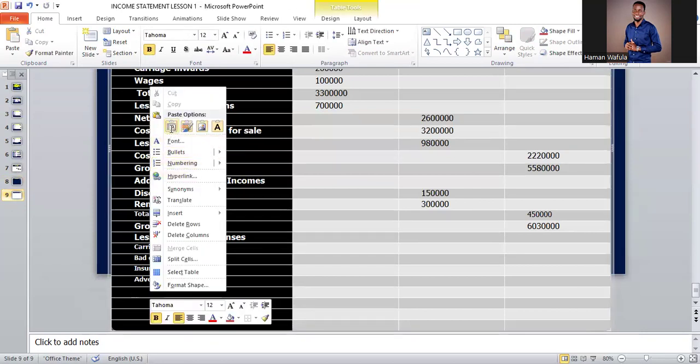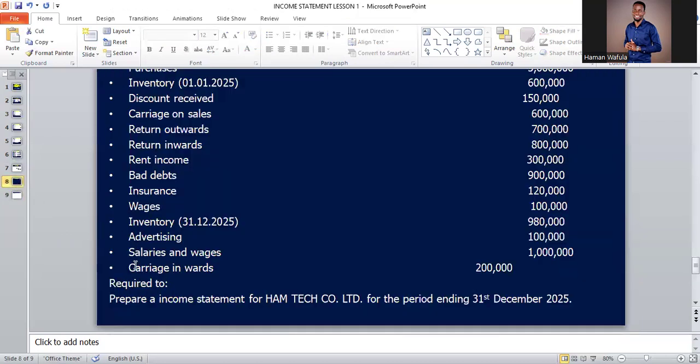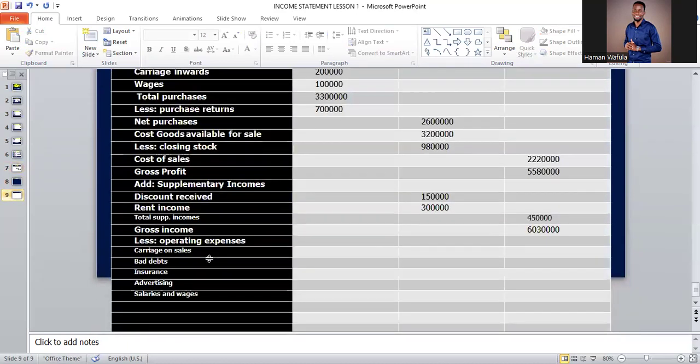When they say wages alone, that's when it qualifies to be a direct expense. But when they say salaries and wages, it is an operating expense or an indirect expense, or they call overheads. Or also, if we say salaries, it also qualifies to be an overhead. Then I think that's all. So these are our expenses that we have.